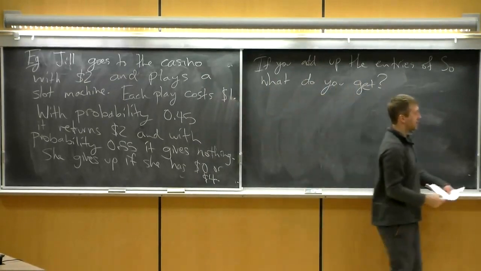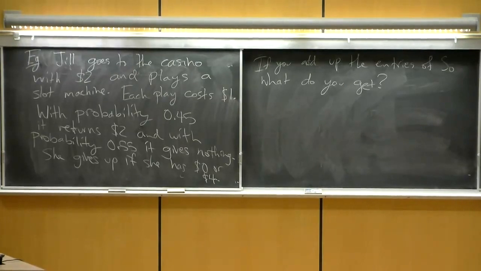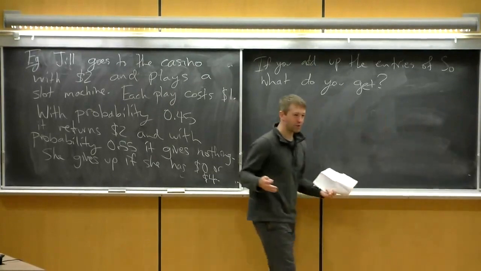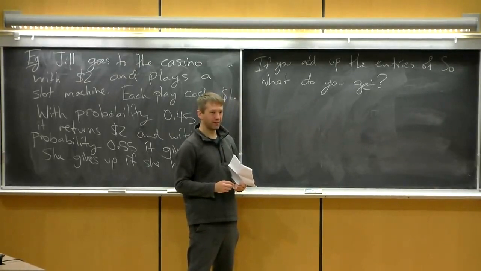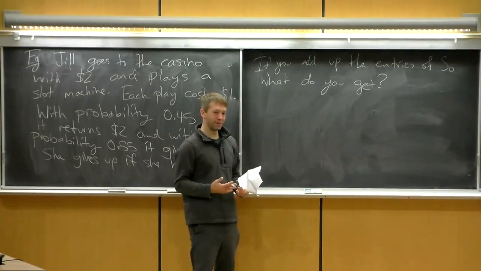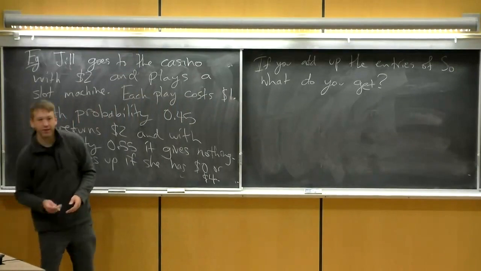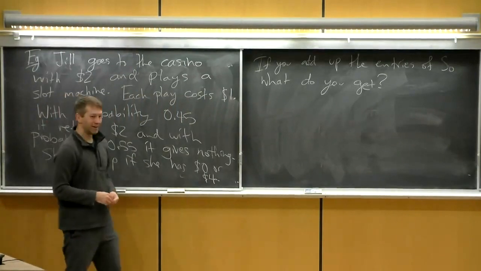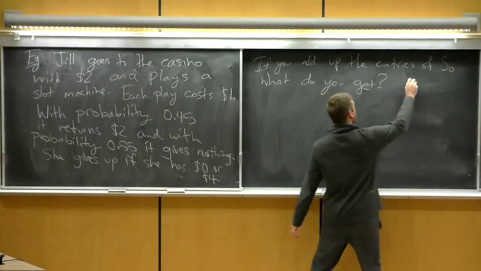I don't mean just in this example, but in general. The ith entry should be the probability of starting in state i. What would you get if you add up all the entries? Does it depend on the Markov chain? Yeah, I didn't know if you were raising your hand or not, but I assume that's your answer. So you get 1, right?